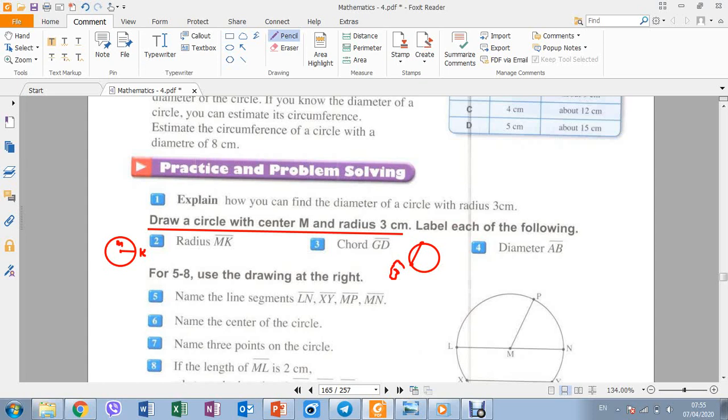It's point G, and this one's point D. This is a chord. Diameter, no, this is for your homework. Number 4 is your homework.